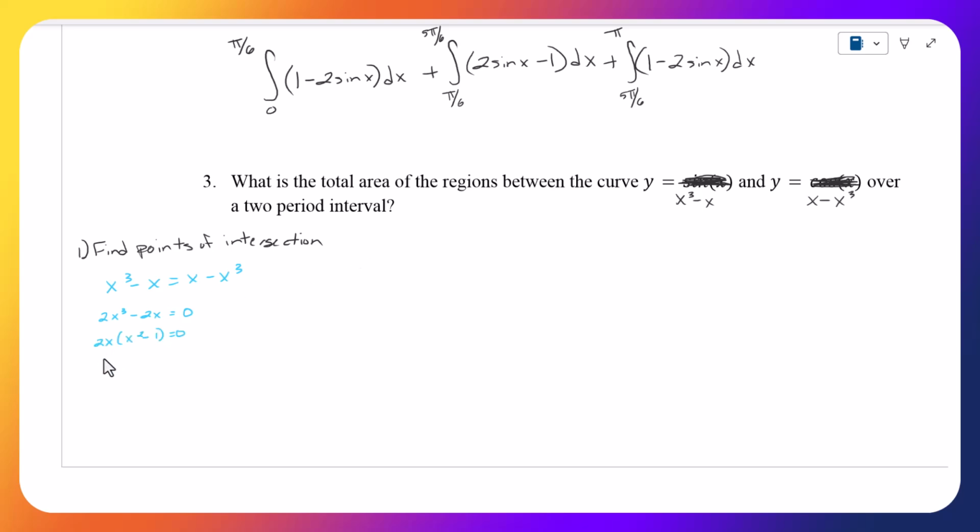And then after that, I factor out my greatest common factor, the 2x. And then this x squared minus 1, well, that is just our difference of squares. So that's our x plus 1, x minus 1. And now from there, hopefully it's sort of clear what's going to happen.